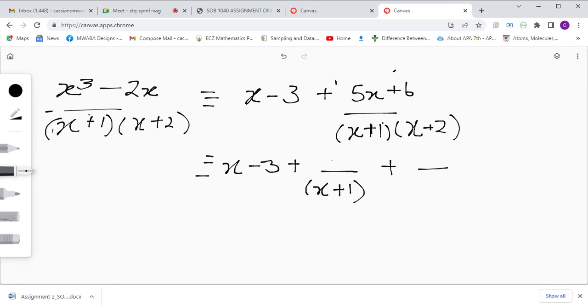Our numerator has to be of a lower degree than our denominator. Our denominator is x to the power 1, so our numerator will be a constant, which is A, over x plus 2. Again, our numerator has to be one degree less than our denominator, so our numerator will be a constant.